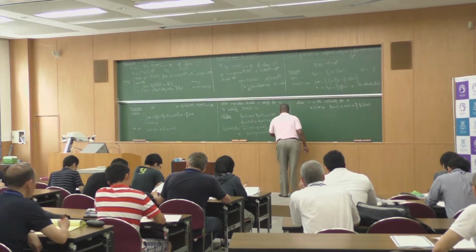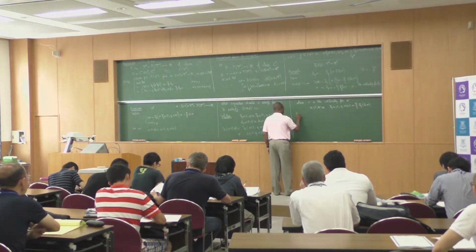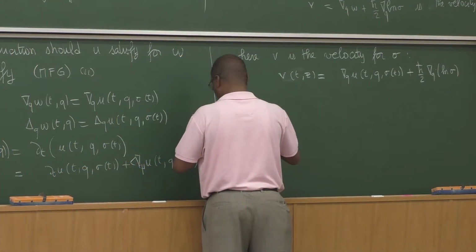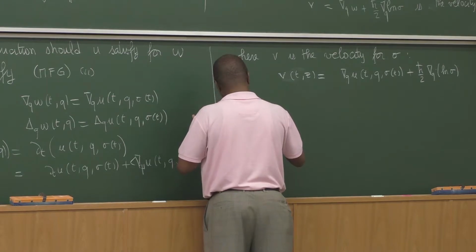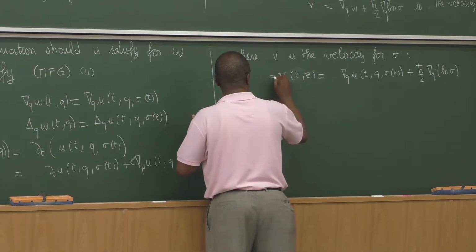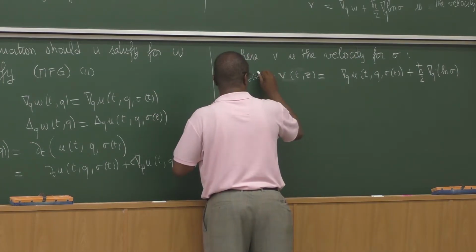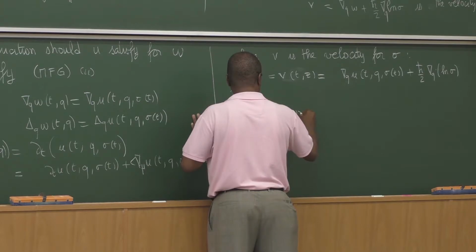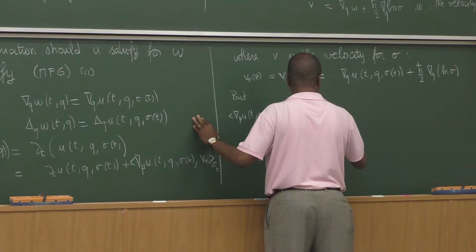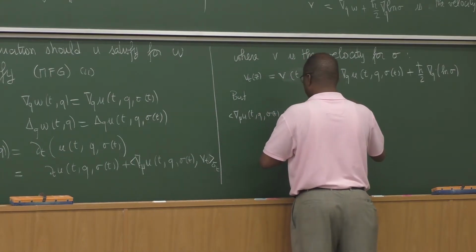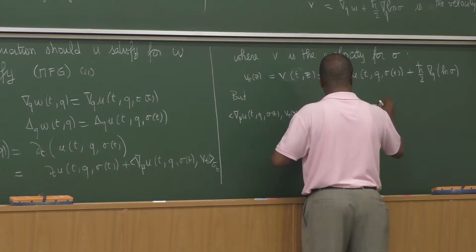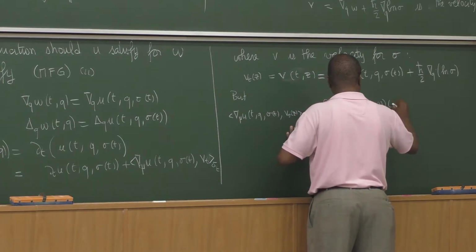So now let us compute this. Let's associate the gradient of U at t, q, sigma t with V. So I am going to denote this V t of z. The pairing of V t with sigma t is the integral on the torus of the gradient mu of U at t, q, sigma t applied to z.